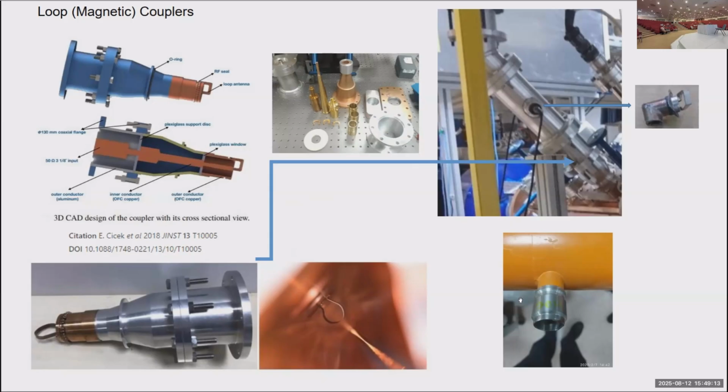And this one is the components, and this one is the produced one, and this loop is in the cavity. And this is the oxygen-free copper. We are going to talk about it later. And this is the coaxial line. This part is part of the cavity. This cavity is an RFQ proton accelerator.